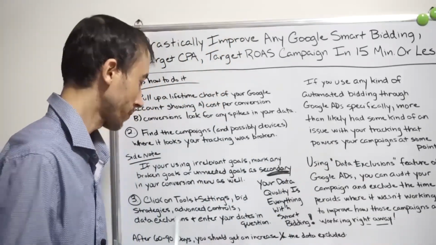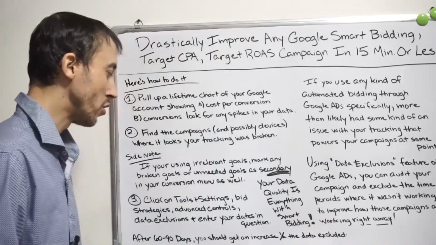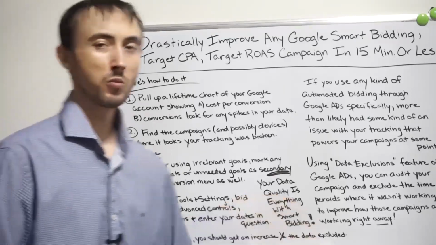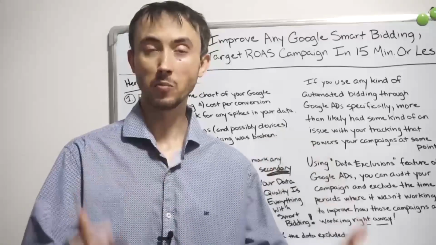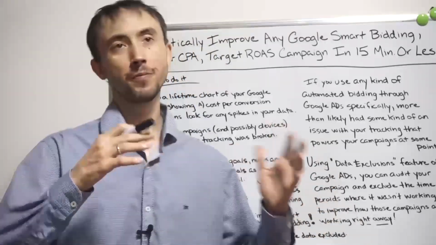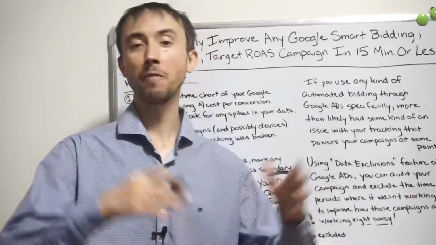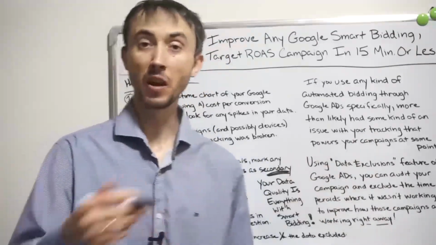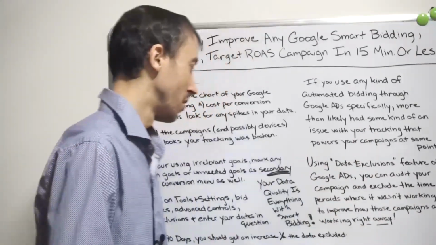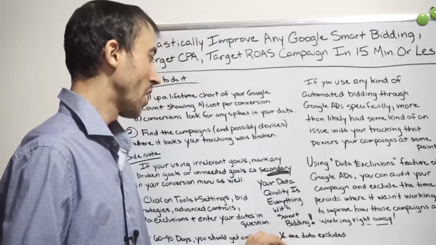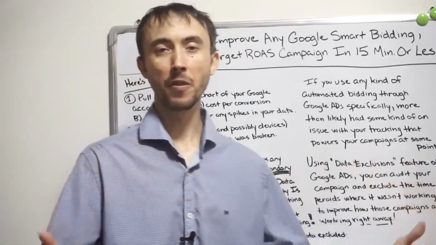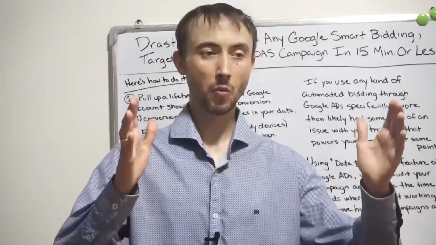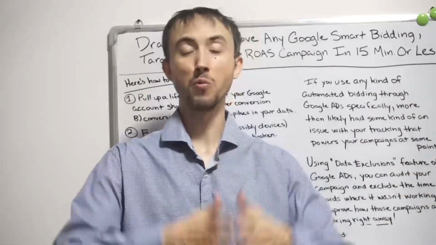So after 60 to 90 days, you should get back half the data, half the time being excluded that you would have normally got if your tracking was fixed during that time, or half of the loss during whatever time your tracking was broken.